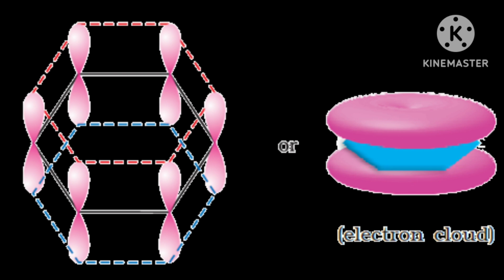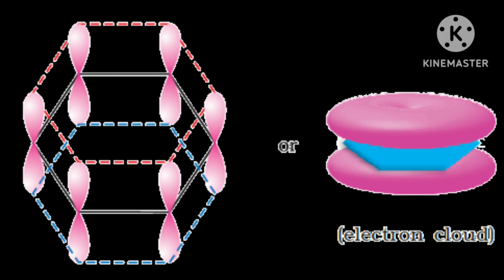Kekulé structure with localized pi bonds. Two Kekulé structures, already I told you, with localized pi bonds. Now, the internuclear distance. How will you see the distance between the carbon-carbon bonds?